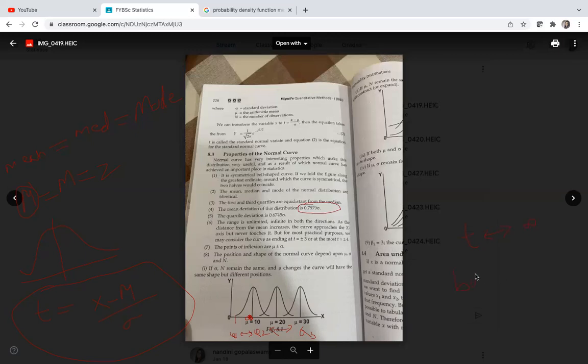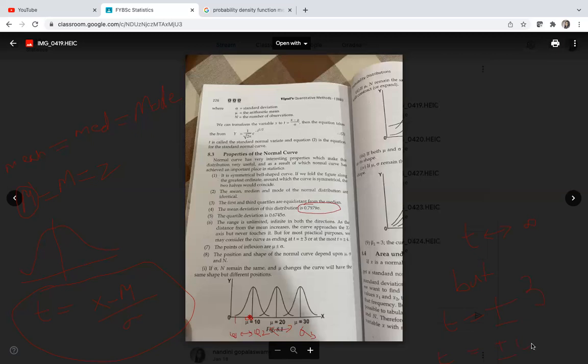But since we need to do calculations and practically we need to work on it, we say t will be equal to plus or minus 3, or t maximum, उससे भी थोड़ा ज़्यादा चाहिए तो plus or minus 4.